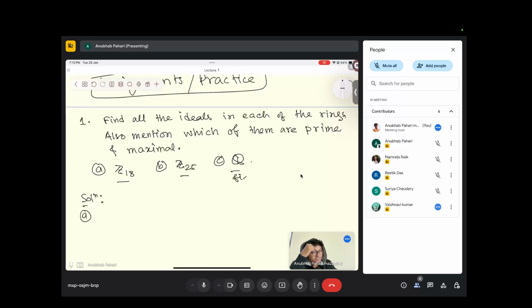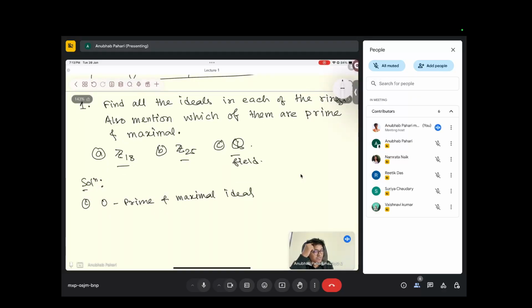For Q, 0 and Q will be the only ideals. Zero is a prime and maximal ideal, and Q is the trivial ideal. So we are ignoring the trivial ideals.